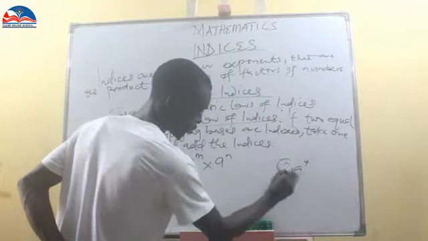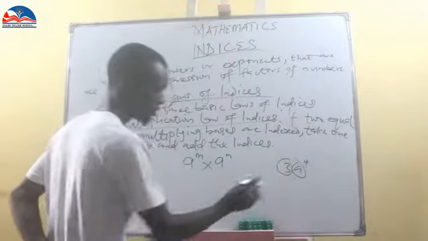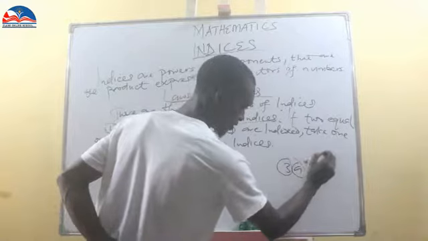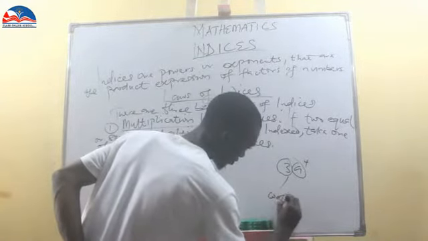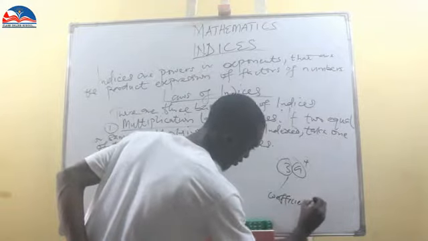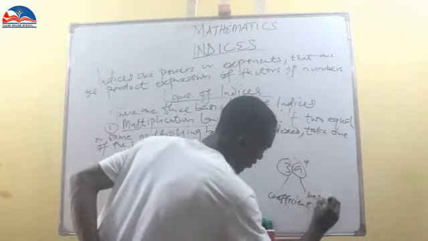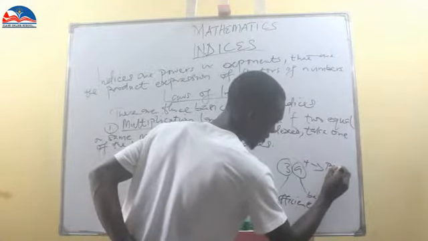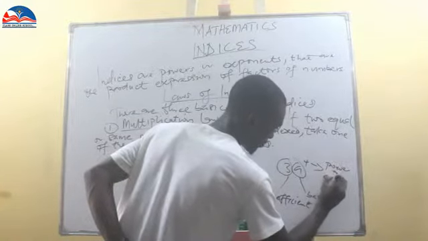This number is the coefficient. This is the base. And this is the index, or exponent, or power.